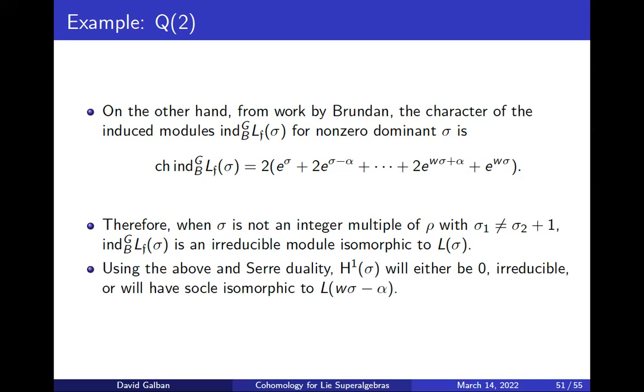Using an analog of Serre duality for supergroups, it turns out that H1 of sigma is either 0, irreducible, or has a socle isomorphic to L of w sigma minus alpha. In any of these three cases, the module has a simple socle.